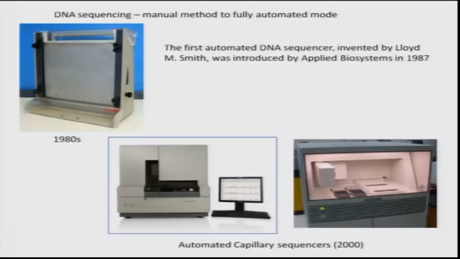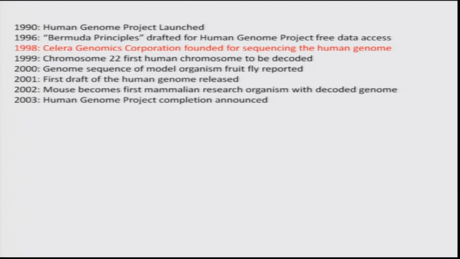One of them was Lloyd Smith, who introduced the first automated DNA sequencers, and that was done by a company called Applied Biosystems. It really changed the way the human genome was sequenced, and that led the scientific community to take up many different organisms for sequencing. Now, even these approaches are outdated. We will discuss the contemporary approach people use for sequencing DNA.